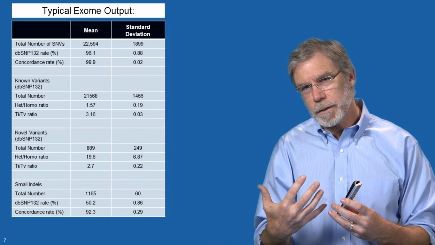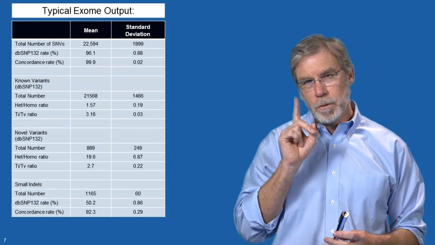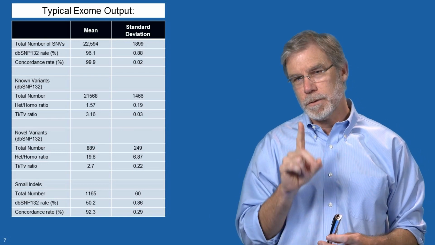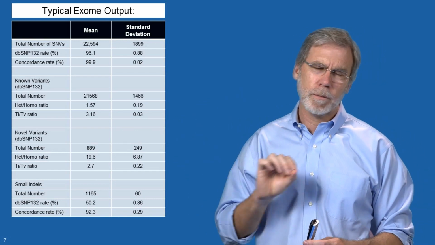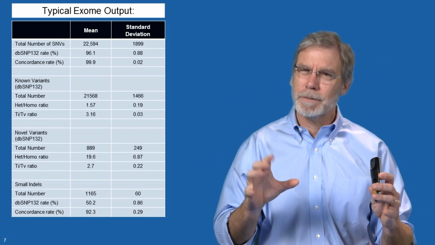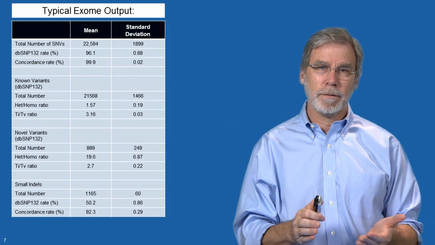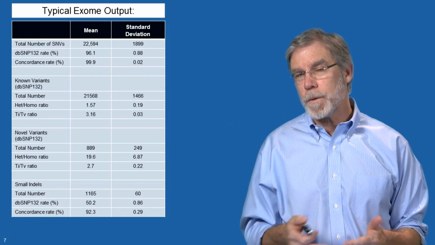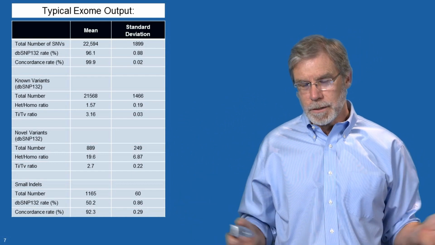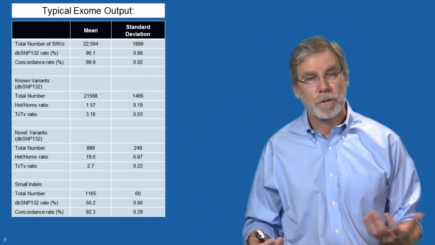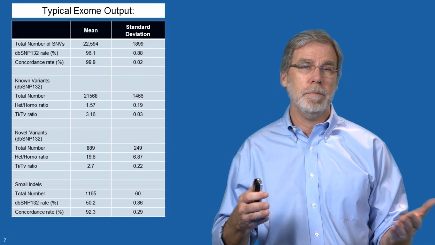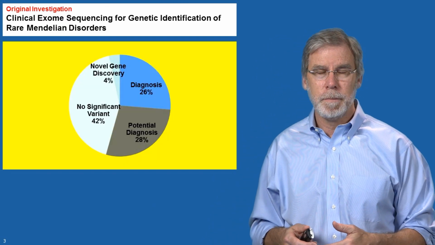Instead, we filter all that data to try to come up with the one single base, the one single change that's causal for that child's genetic condition. So we're looking under a model where we're really only considering Mendelian genetic causes, but there's over 4,000 different Mendelian genetic conditions that lead to various human diseases, including a very large array of different genes that are involved in many different forms of muscular dystrophy.